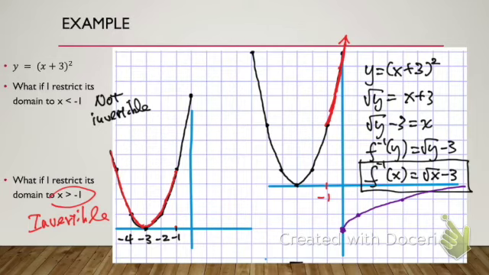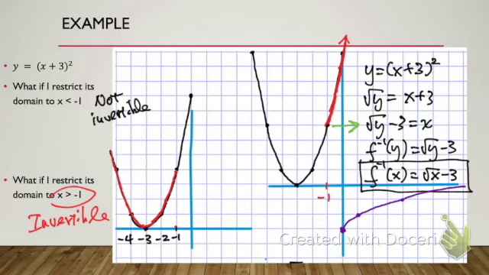Now the last step is pretty crucial because we have restricted the domain of the original function to be x greater than negative 1. In other words, we're only looking at this part of the curve. After we inverted it, root x minus 3, as I plotted out using this purple curve, is not yet the inverse function.